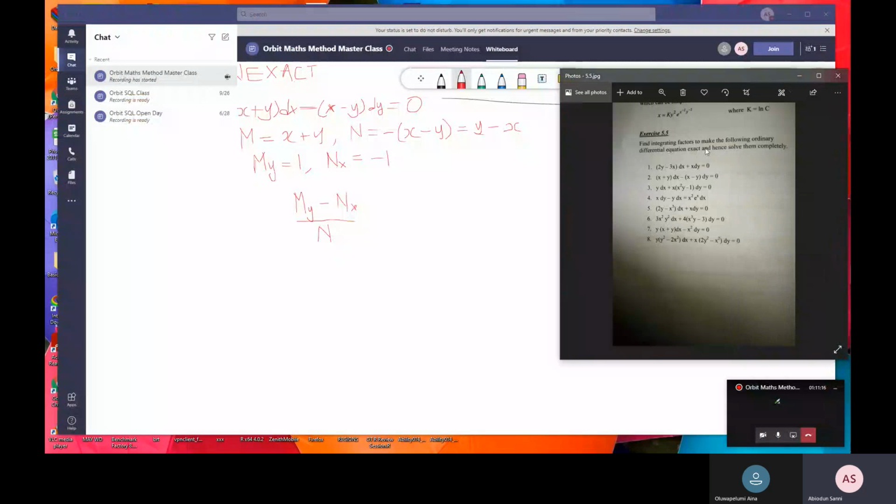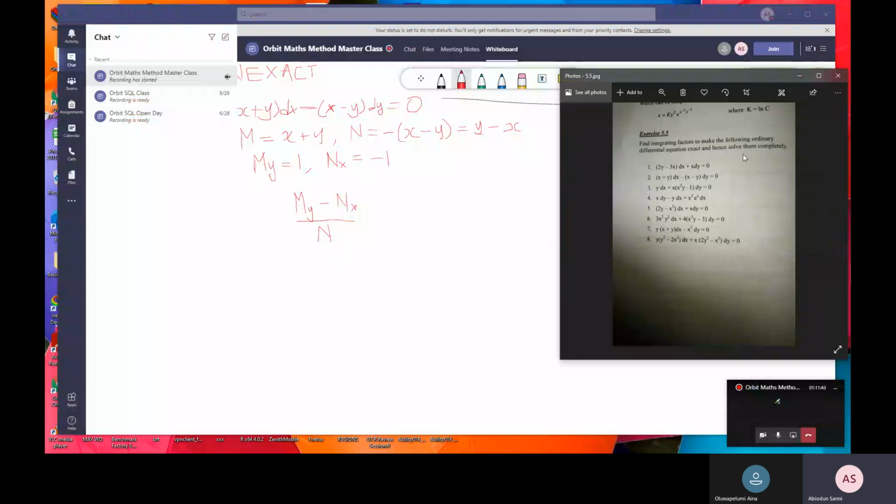It's just saying find the integrating factor to make the following ordinary differential equation exact and solve the problem. So in this case, we don't have a case scenario that makes this guy exact. So apparently we cannot make this guy exact in a way like that.